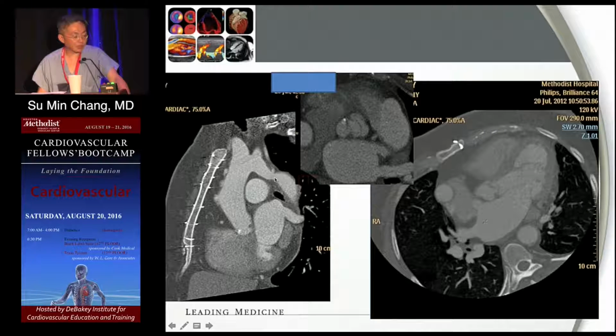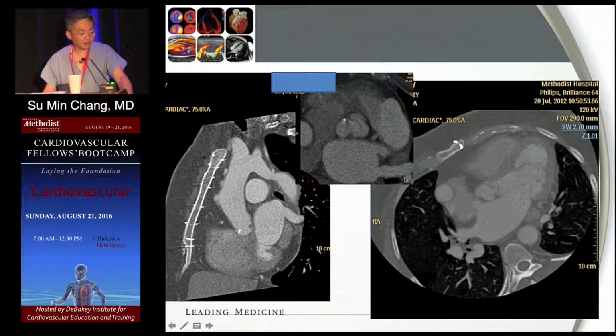Okay, when you see a patient with coarctation, what are the associated congenital anomalies? Yes, it has a bicuspid valve, and this is almost like a four-chamber view of the heart: left ventricle, left atrium, and right atrium. Also has what? This is the interatrial septum, so it's an ASD.